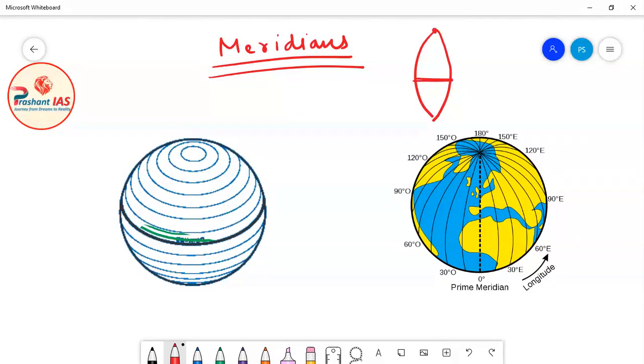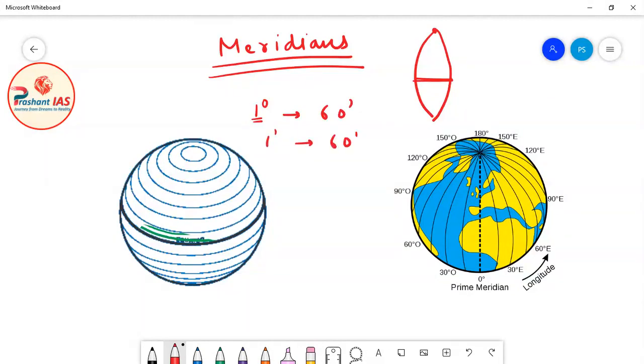So to tell the exact location of a place, there is a need to divide each degree of longitude into 60 minutes. So 1 degree of longitude is divided into 60 minutes and each minute is further divided into 60 seconds.